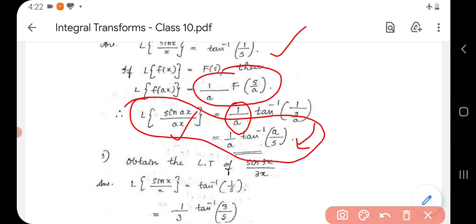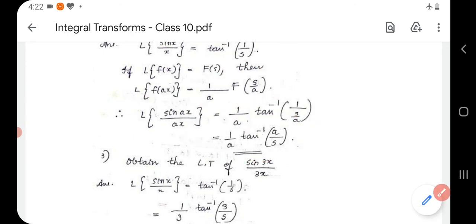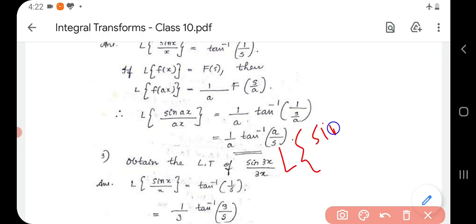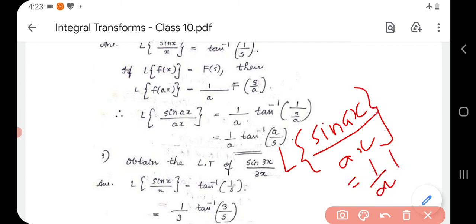Okay, so just learn this formula, that is Laplace transform of sin ax by ax equal to 1 by a tan inverse a by s, another formula. Okay, so Laplace transform of sin ax by ax equal to 1 by a tan inverse a by s.